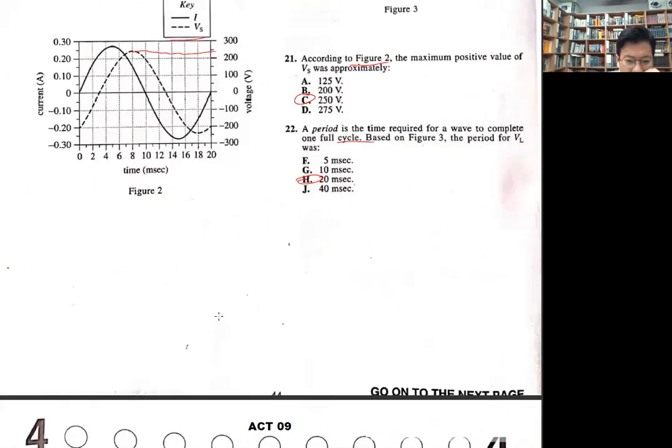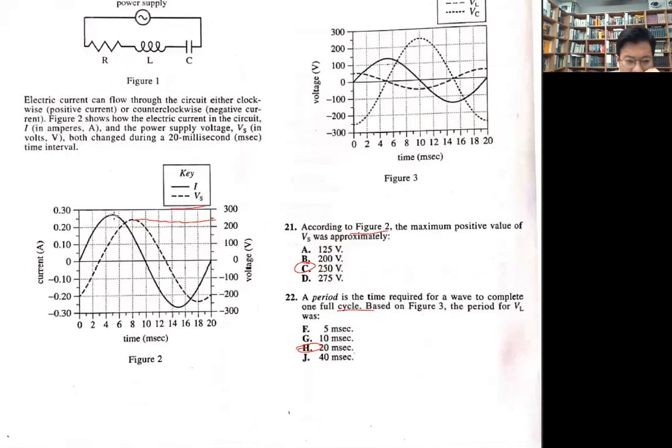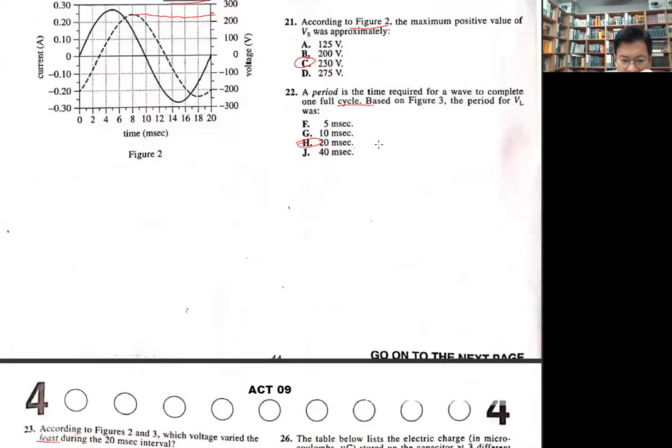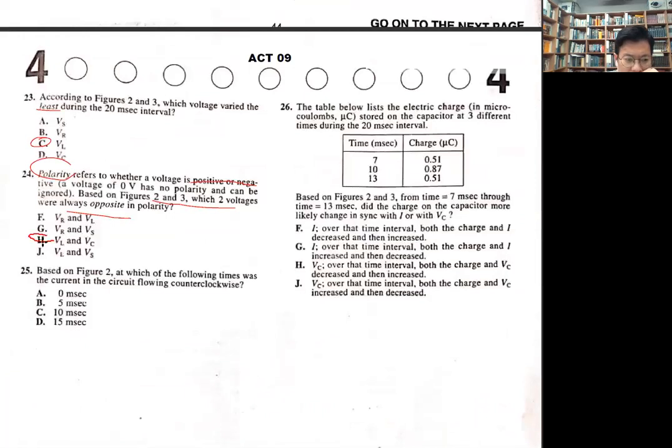Always opposite, figures 2 and 3. BL and BC. So when this is plus, this is minus. And when this is plus, this is minus. Opposite. It's always BL and BC are opposite.